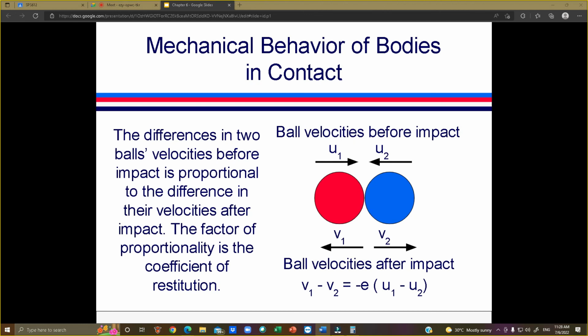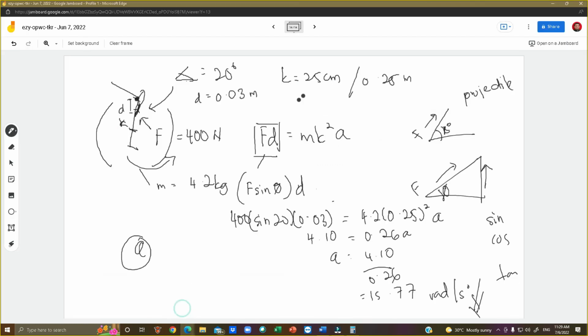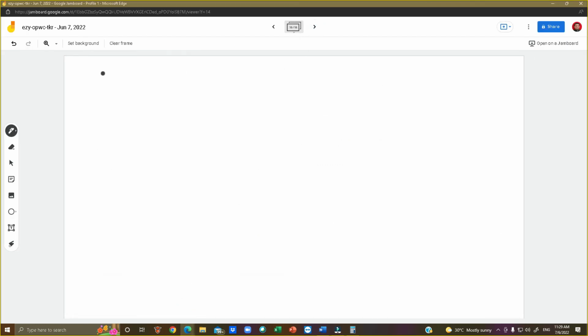Okay, the second equation is coefficient of restitution. Okay, the second equation is this one. Coefficient of restitution, E ni yang pertama tadi equals to V1 minus V2 over U1 minus U2. Where 1 and 2 is the object.